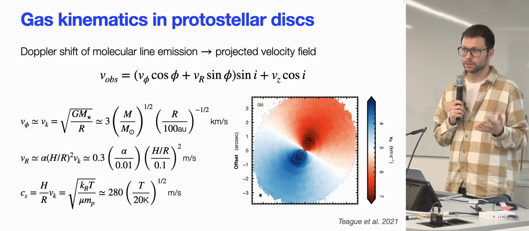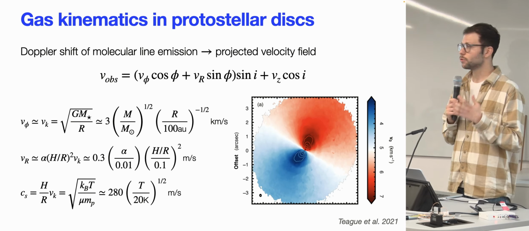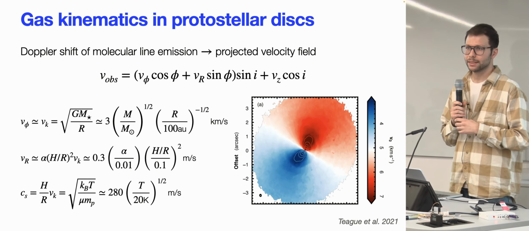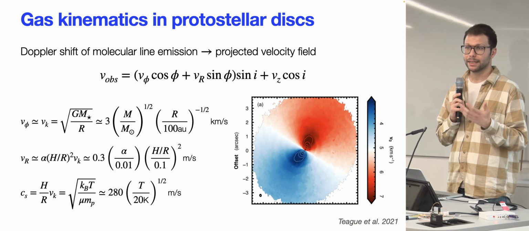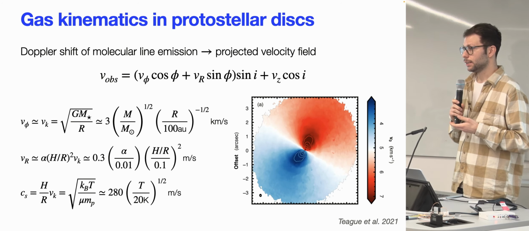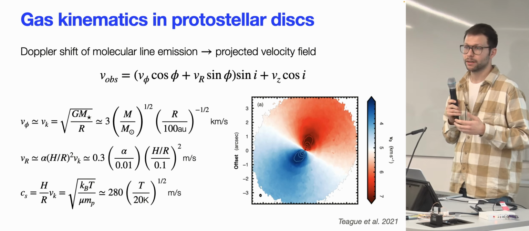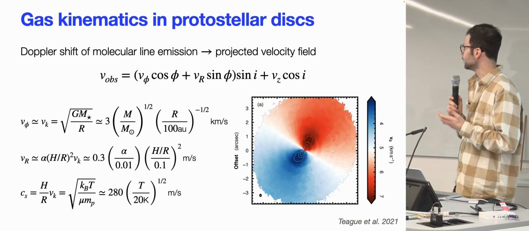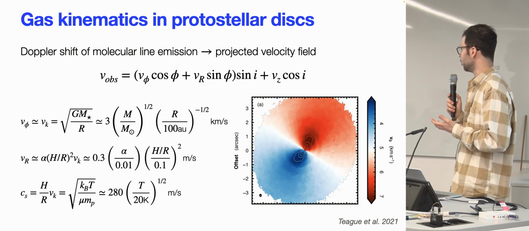In protostellar disks, there are molecular tracers that are usually CO isotopologues, and this tracer emits with a line emission. By knowing the rest frequency of this emission, we can measure the Doppler shift of molecular lines thanks to ALMA. And with this, we can map the velocity field of these objects.